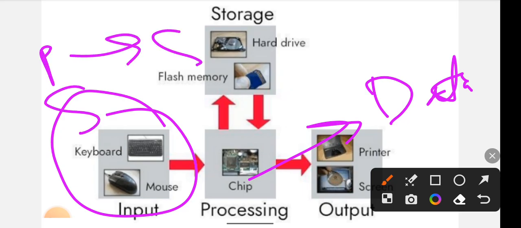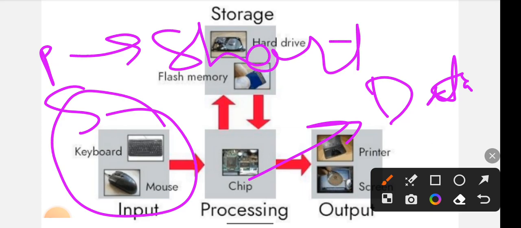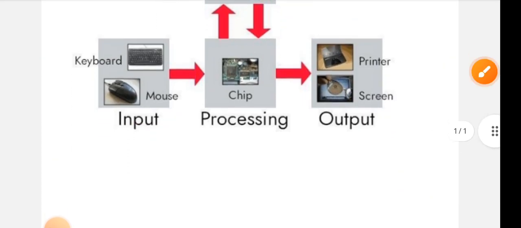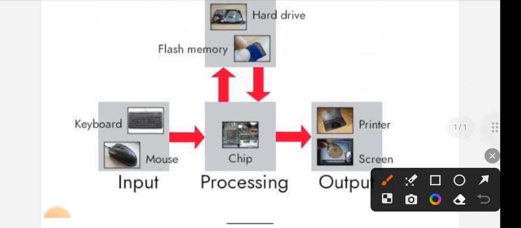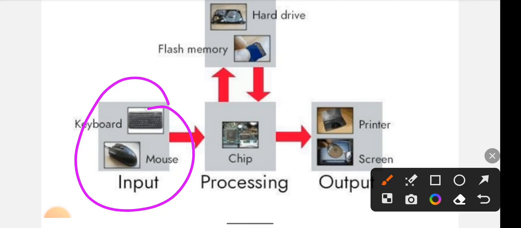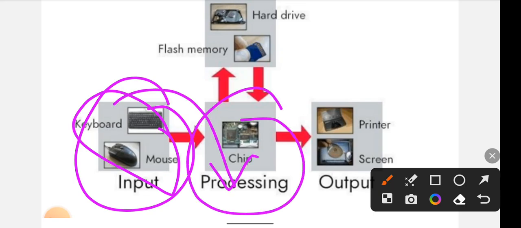Primary is the short term data storage device, like RAM, random access memory. So this is how a computer works. First we give input with the help of keyboard and mouse, then it proceeds to the data storing device, and after processing, it gives an output to the user.